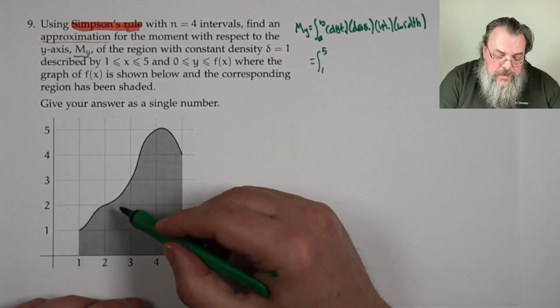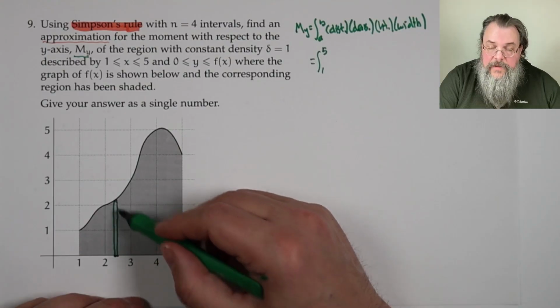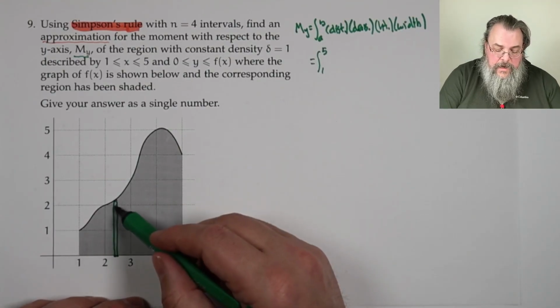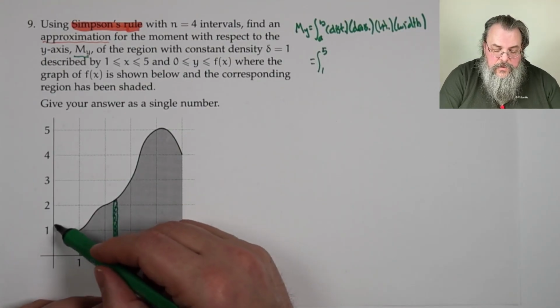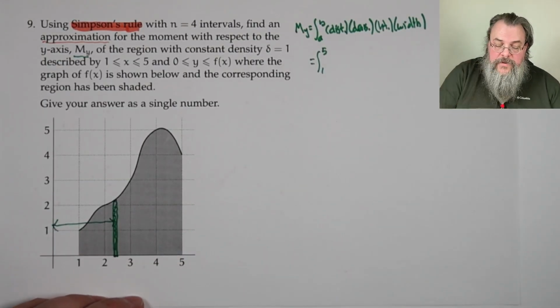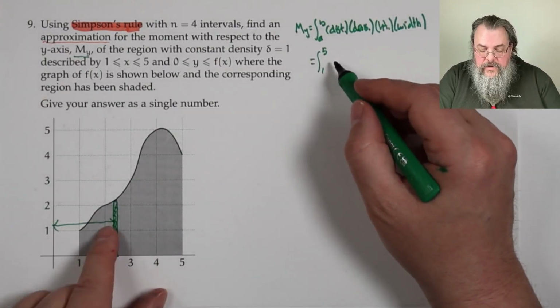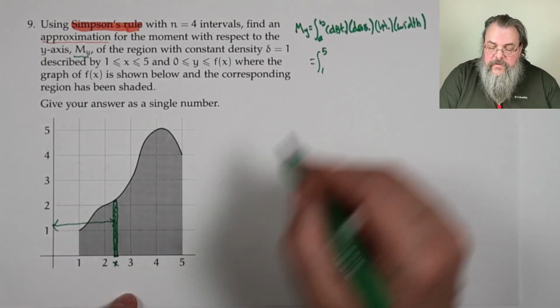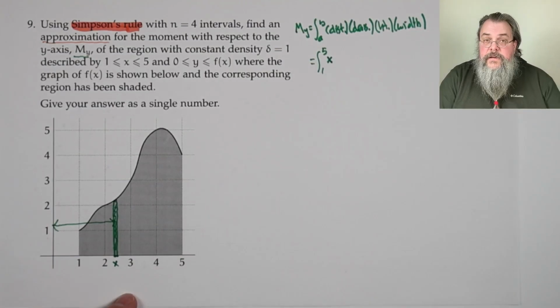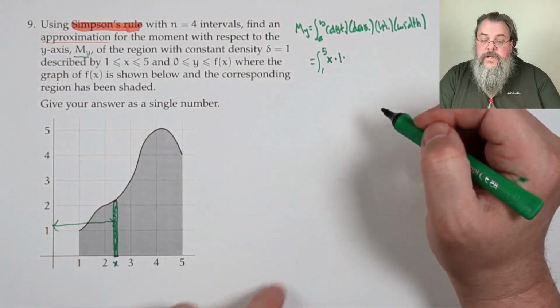And when we set up the m sub y, we would think of chopping things up. We ask, how far are we from the y-axis? M sub y is with respect to the y-axis. Well, if you're at some arbitrary x, you're x away. What's our density? 1. What's our height?